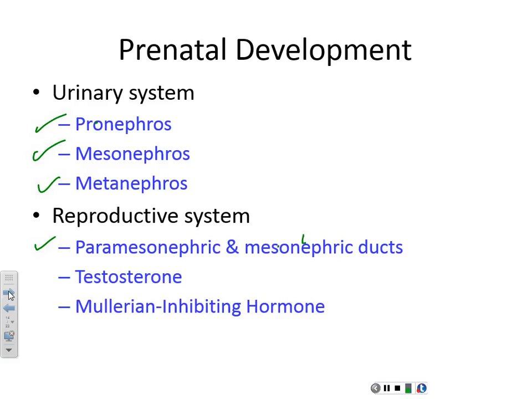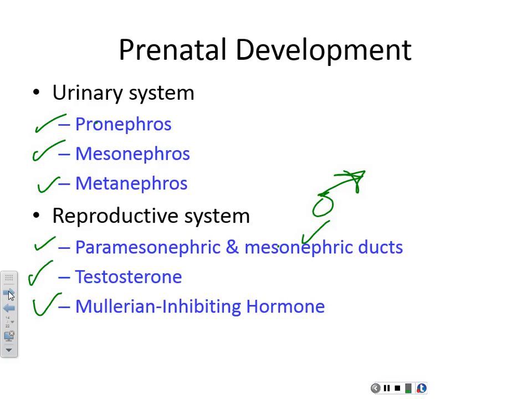So the mesonephric becomes the male ducts and so forth, and the male reproductive system forming the vas deferens, whatnot. Okay, and then the Mullerian inhibiting hormone, because I may ask about how the sex formation happens in the fetus.